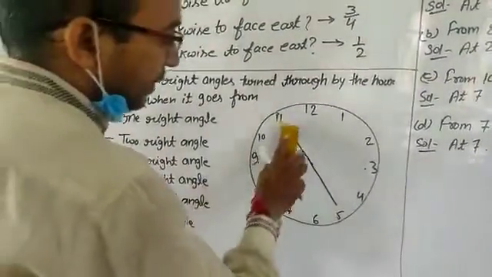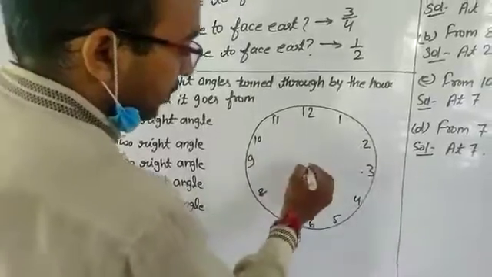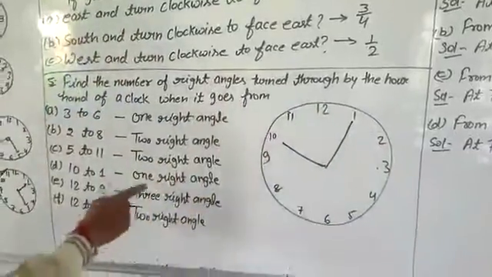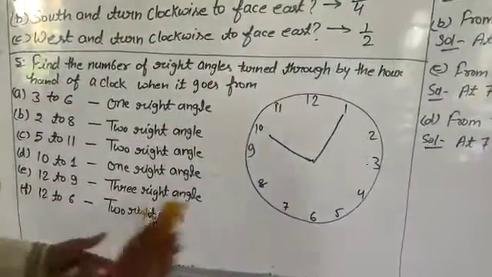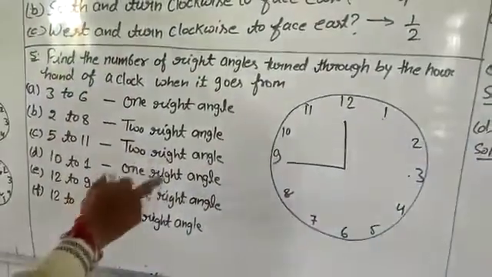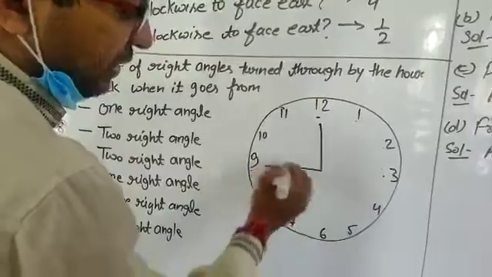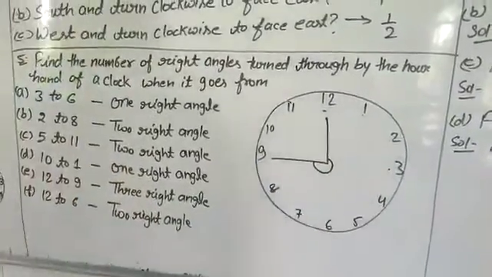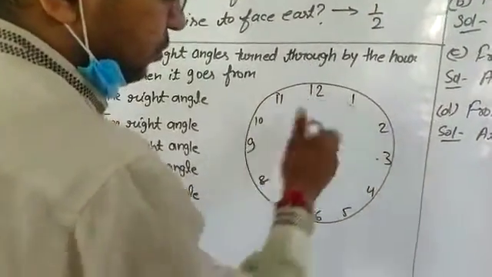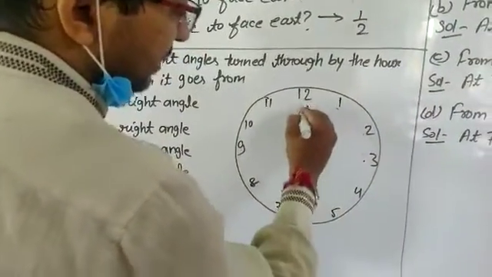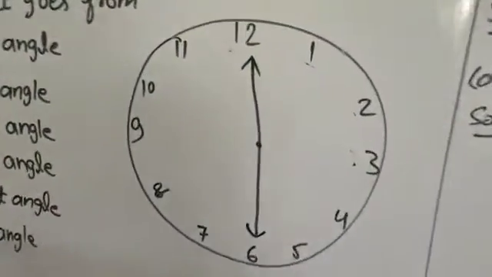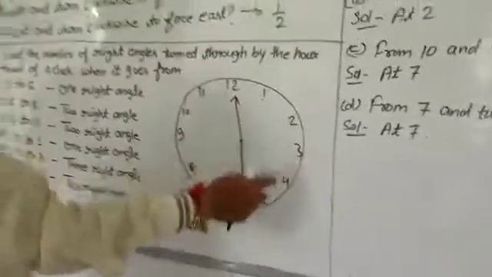And 10 to 1, 1 2 3, so one right angle. Now 12 to 9 is three right angles, 1 2 3. The last is 12 to 6, which is one straight angle, 180 degrees, two right angles, 90 and 90.